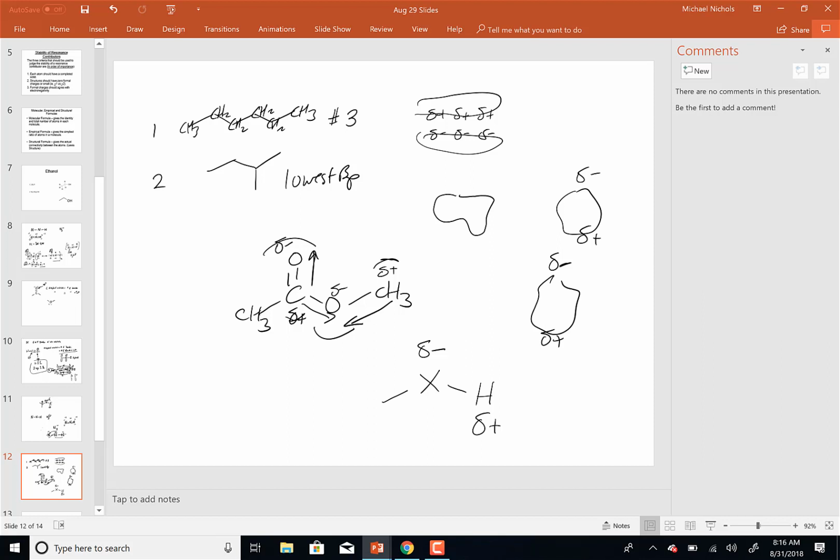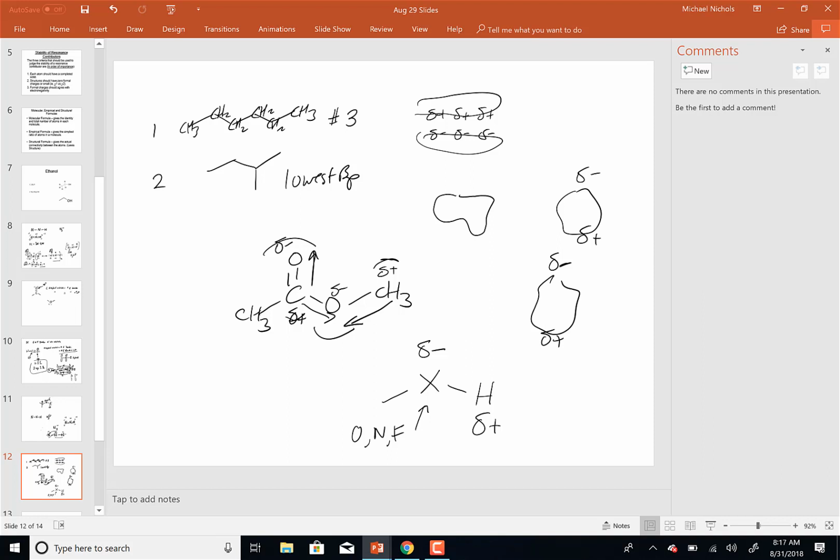So we go to the periodic table, and what do we say? Well, the only way that we're going to have the strongest delta minus and delta plus is if I put the top 3 electronegative atoms in the X position. So that's where the oxygen, the nitrogen, and the fluorine come from.